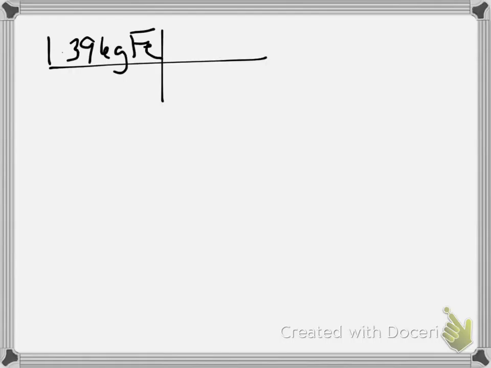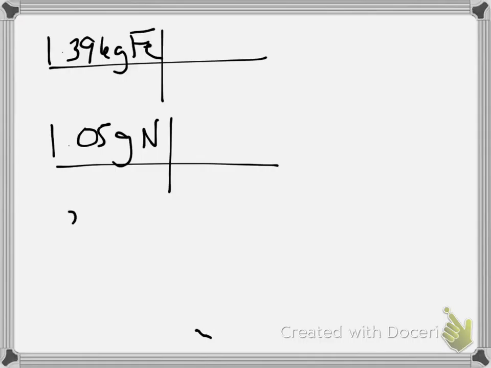Okay, in the next problem, you're actually given the composition information in mass, so you don't have to make that magical 100-gram sample. And we're told you have 1.396 grams of iron and 1.05 grams of nitrogen, and should have been 3.6, not 36, my apologies, 3.60 grams of oxygen.